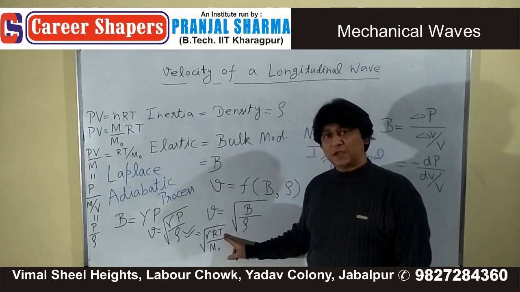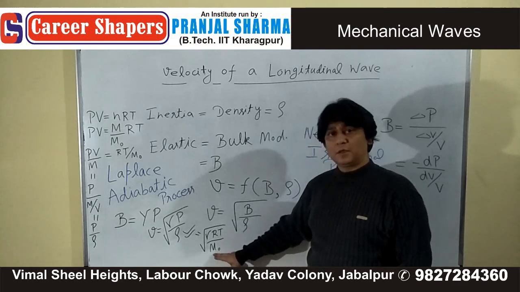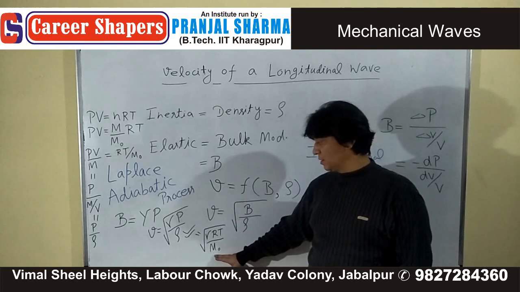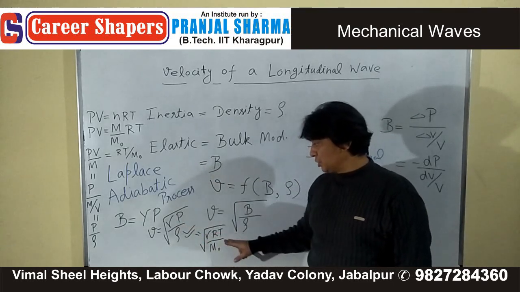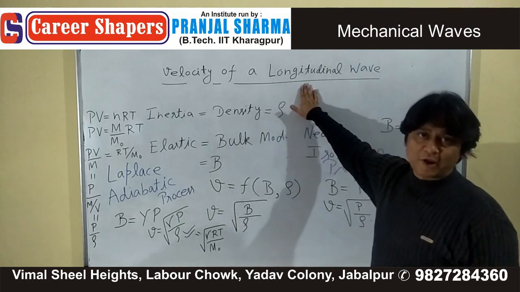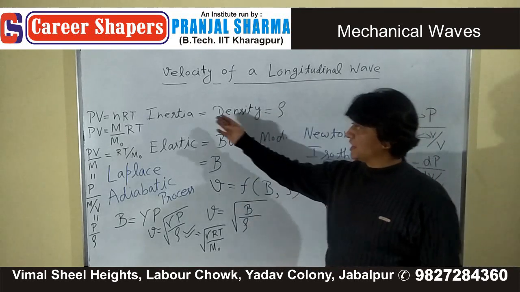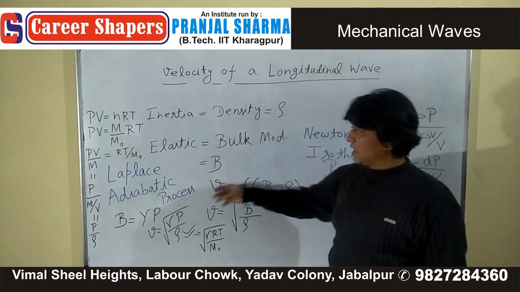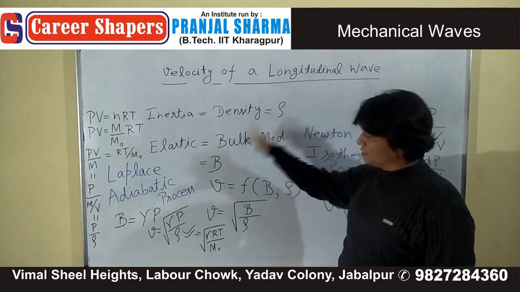This capital T, remember, is in Kelvin, and M naught is the molecular weight of the air or the gas in which sound is propagating. That's how you write velocity of a longitudinal wave, which is sound, in a medium in terms of its inertial property and elastic property. Note down everything.